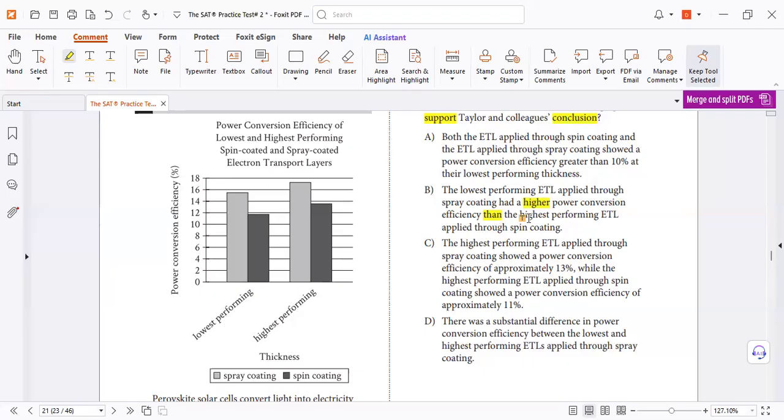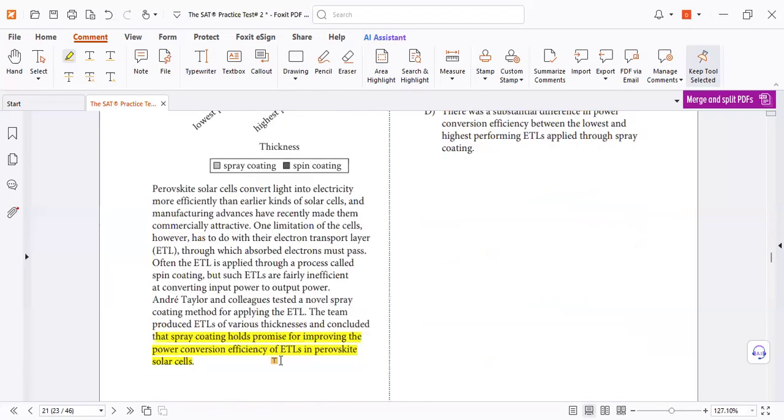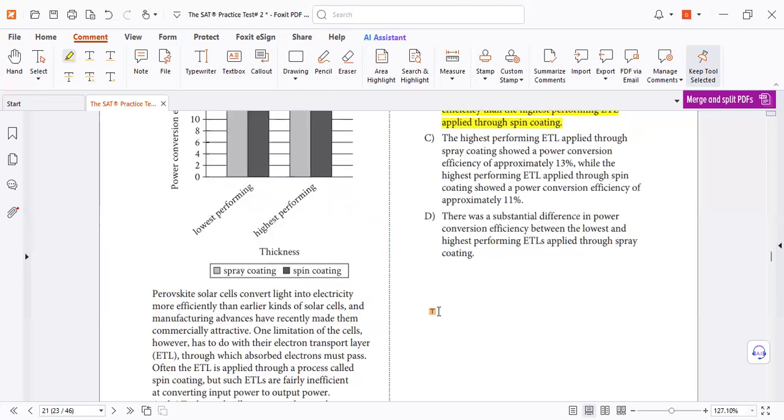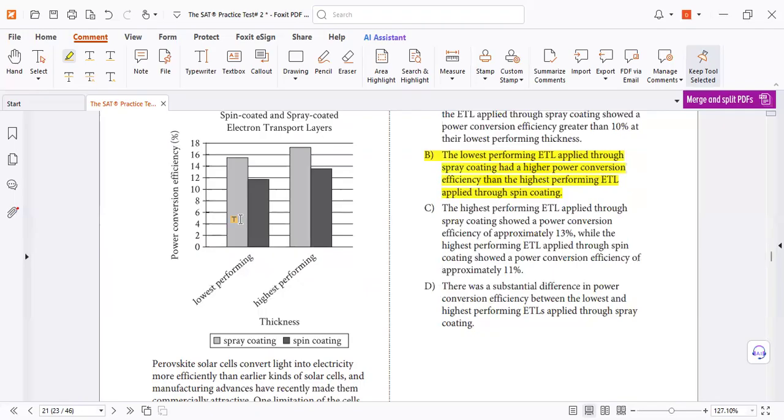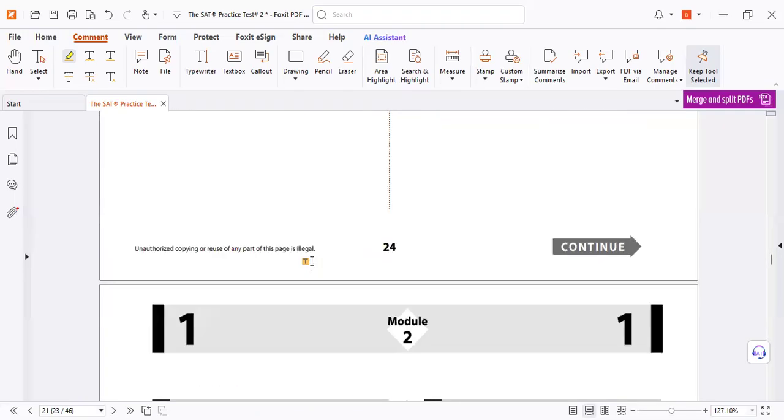So it's higher than the highest performing. So it must be letter B, right? Even for just this one, it's higher than the other one. Yeah, and here it's higher. That's correct.